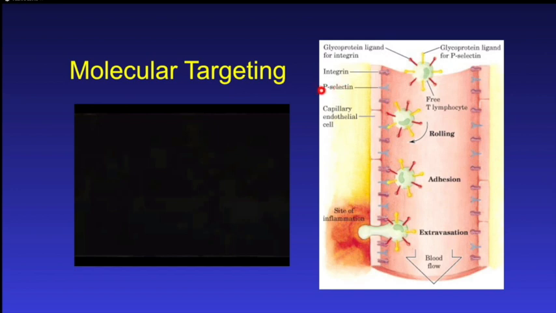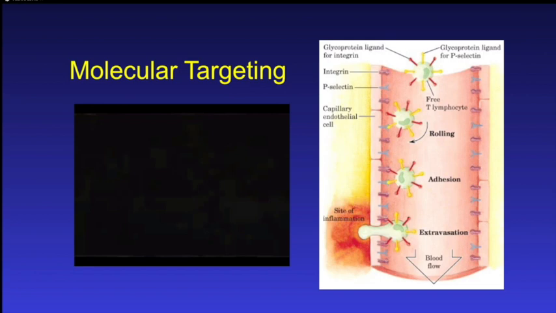Now, that association can be broken by blood flow, and the blood flow will push the T lymphocytes down the blood vessels, and what happens is they roll as they go down.